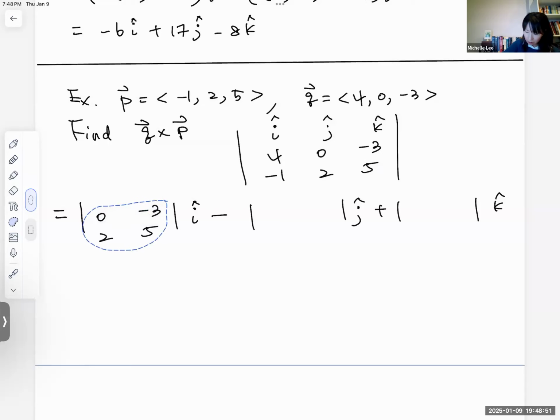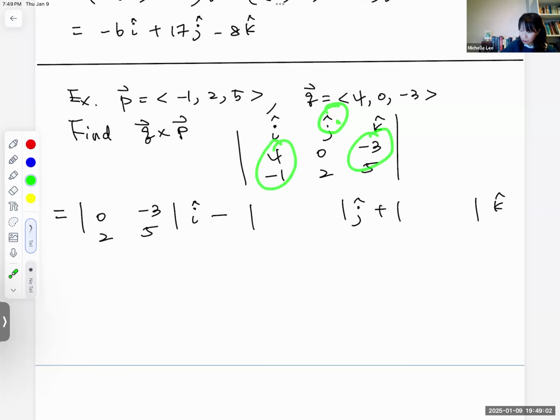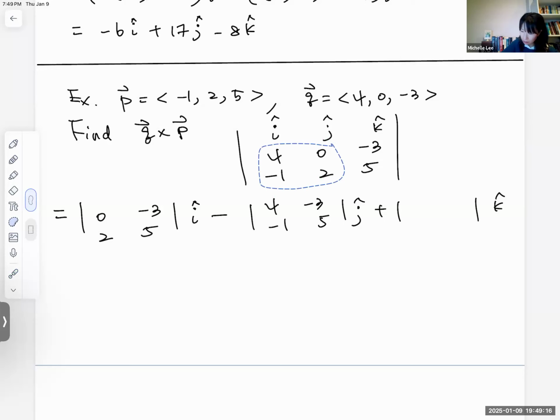Okay. Yeah, not number, right? Vector. If we are using j, then we are using this vector. So 4, negative 3, negative 1, 5. If we are using k, we are using this number.